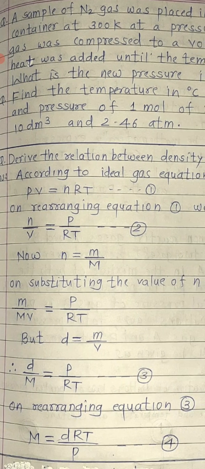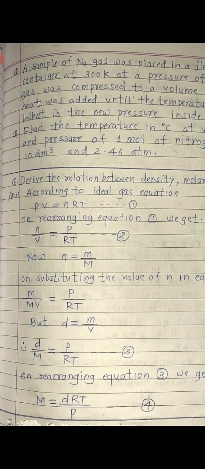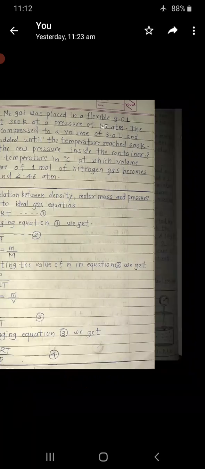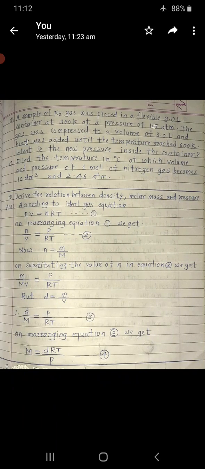That is equation number 3. On rearranging equation 3, we get M is equal to dRT upon P. This is equation number 4. So, this is the relationship between density, molar mass and pressure.